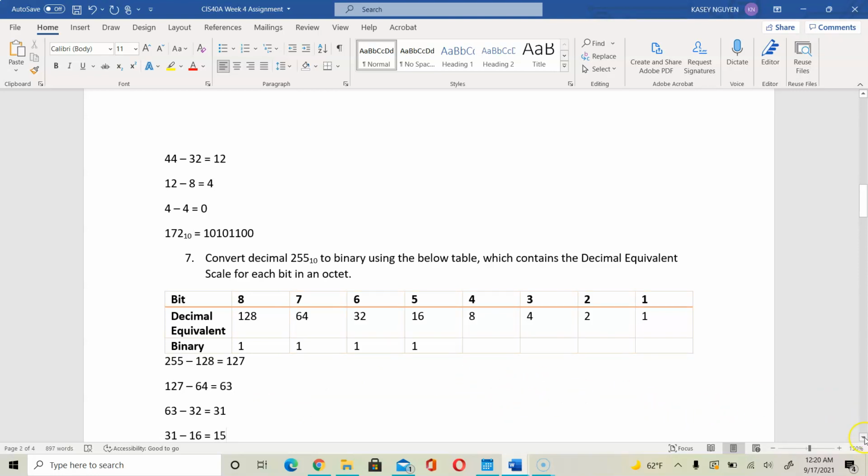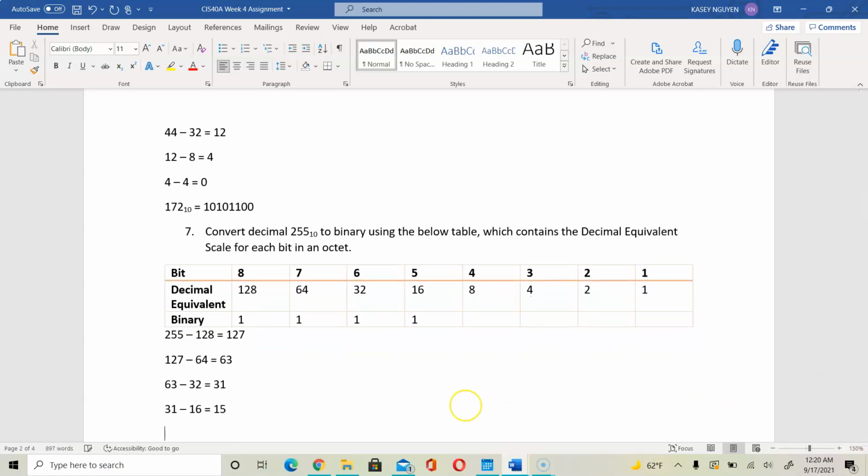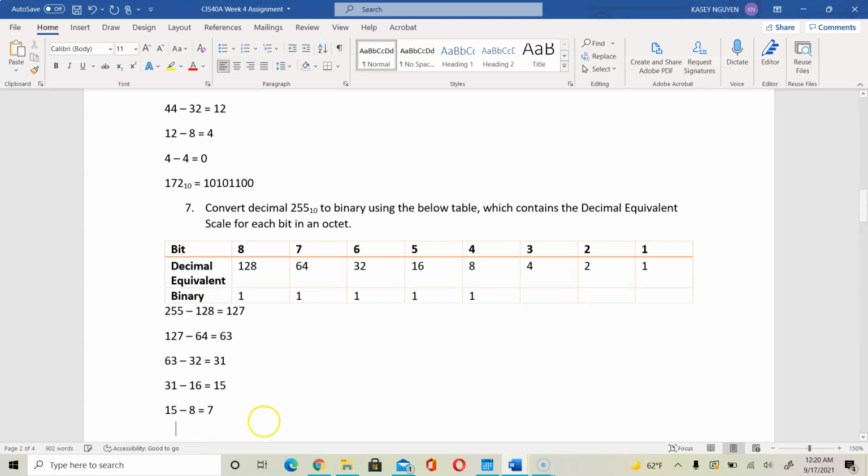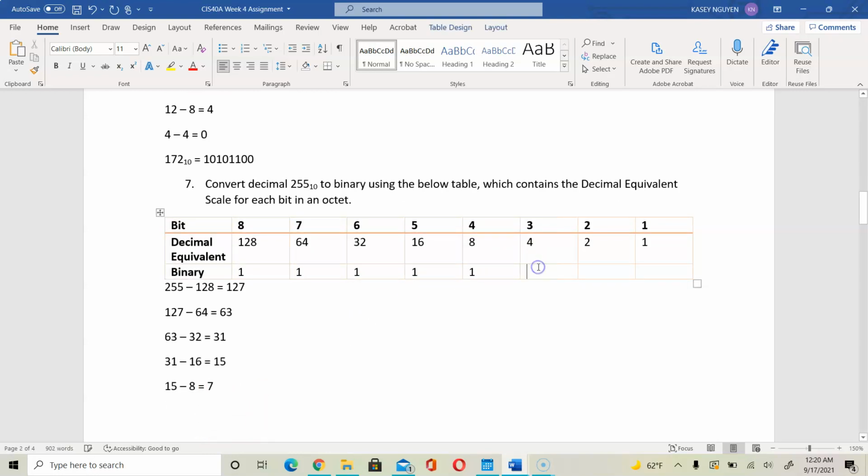And then we would take 15 and we subtract the next number, which is 8 at bit 4. So as we subtract 8, we put a 1 there. And that will give us 7. Then we would take 7, subtract 4.